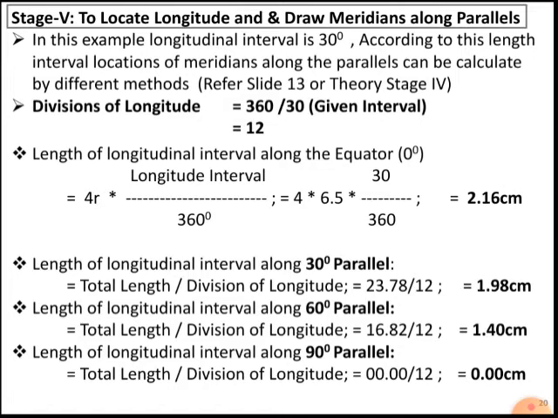So those marks are longitudinal marks. Now, using a curvature-type object, or by free hand, you have to join all the marks sequentially from pole to pole. There should not be any zigzag.